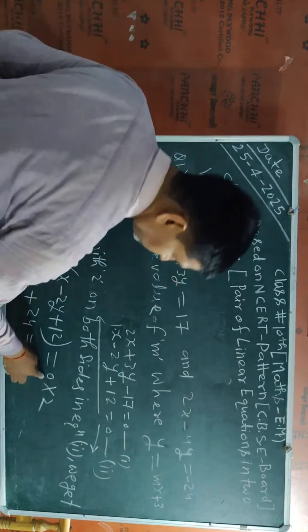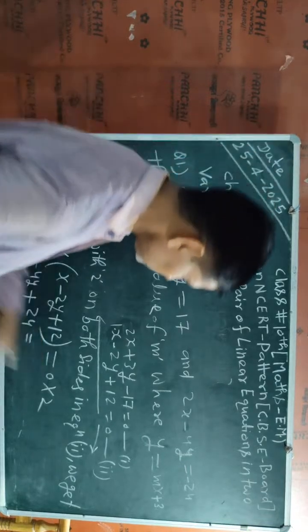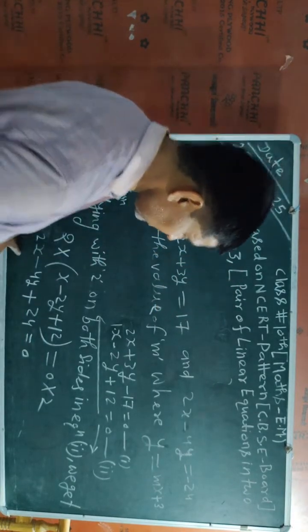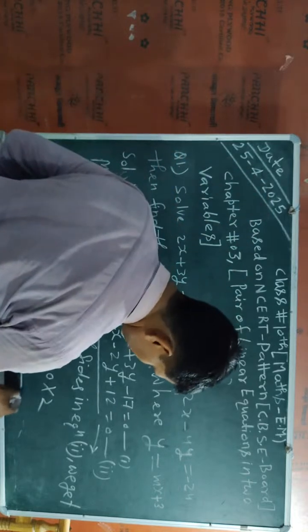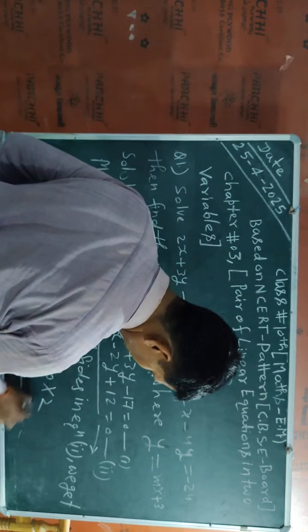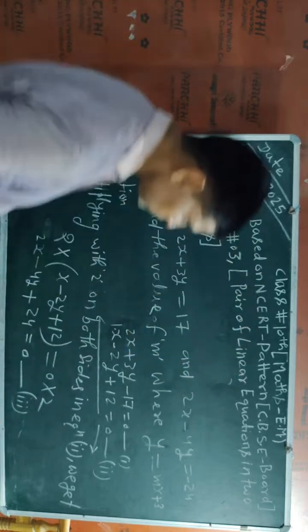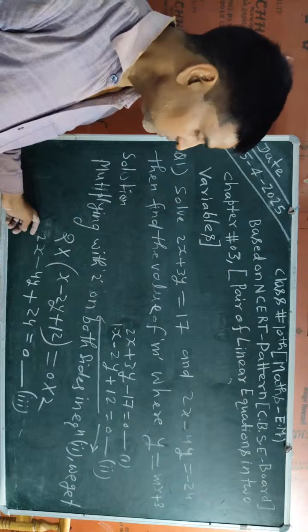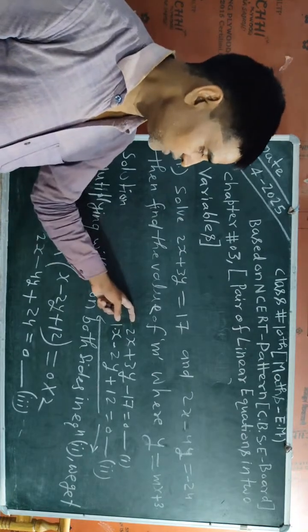If I multiply any number with 0, it will become 0. Okay, student, after multiplication I have got an equation which I will name equation number 3. So I will solve equation number 3 and equation number 1.